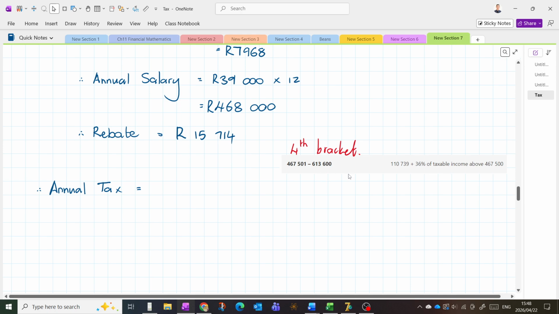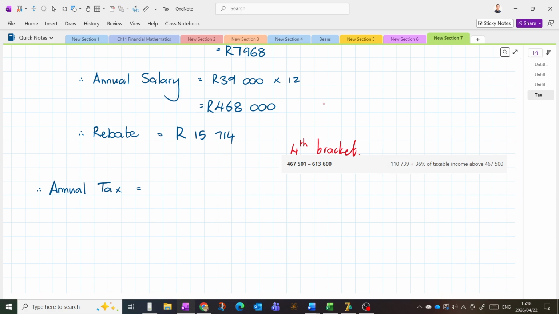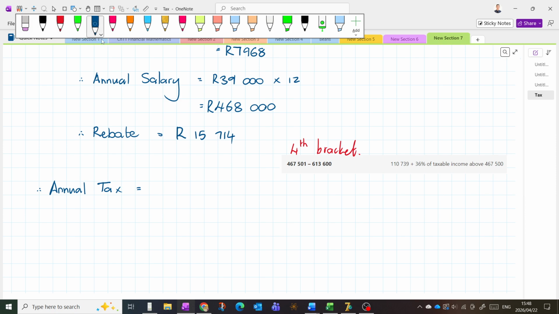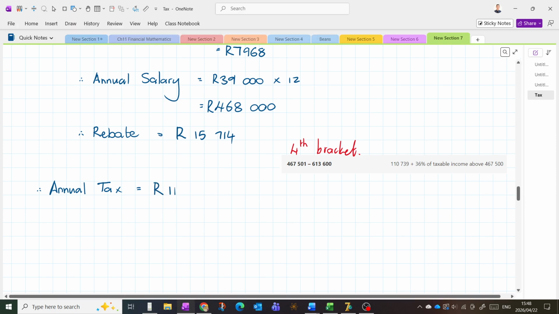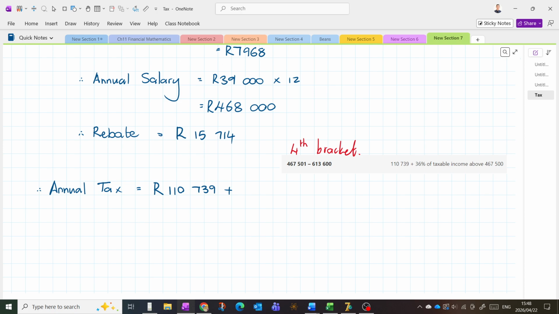Now, how do we use the fourth bracket? We pay the flat rate. So he is going to pay 110,739 Rand plus 36% of, I'm going to put it in brackets just so that it looks a bit neater. He needs to pay 36% of anything above 467,500.